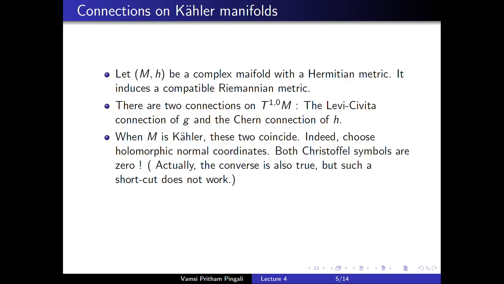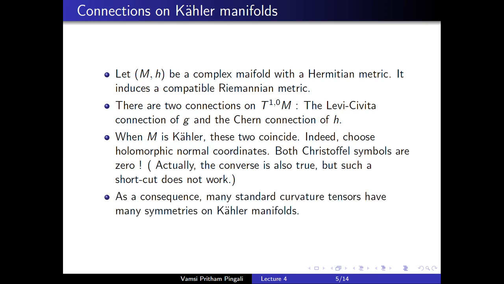In fact, if they're projective manifolds, it's even better. Okay. Alright, so if M is Kahler, the Levi-Civita connection already has many symmetries, but because it's also the Chern connection, it has many more symmetries. Okay, it's crucial, this particular observation.